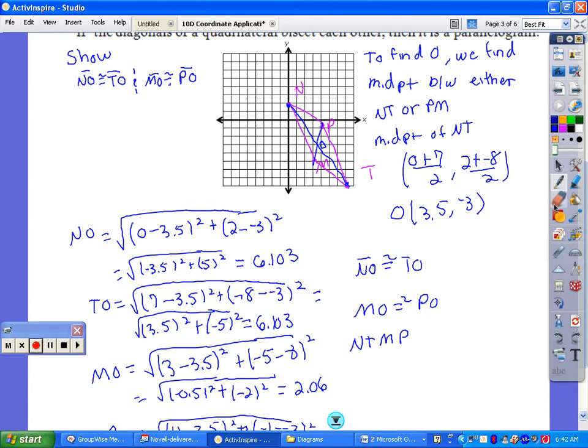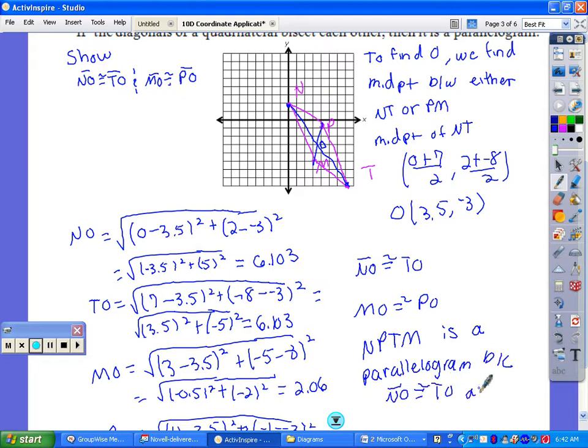and actually we need to fix that. So when we name the quadrilateral, we have to start at one corner and either go clockwise or counterclockwise around. So for this one, we can name it NPTM. This quadrilateral is a parallelogram because NO is congruent to TO and MO is congruent to PO.